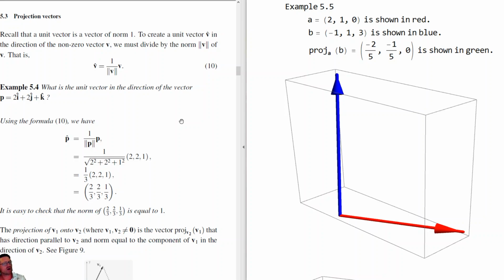The square root of 9 is 3. So we have 1/3 times the vector p. The vector p is 2, 2, 1. So our unit vector is 1/3 of 2, 2, 1. Now it's a matter of taste as to whether you bring the 1/3 in or you leave it out. Okay, so it's easy to check that the norm of 2/3, 2/3, 1/3 is equal to 1.